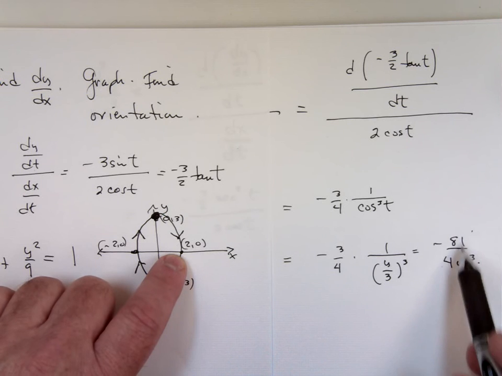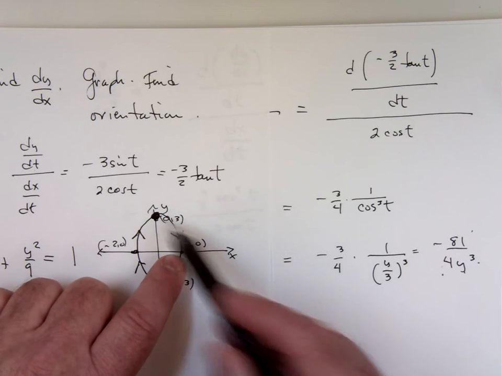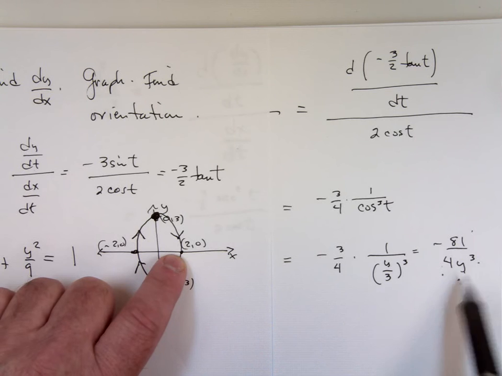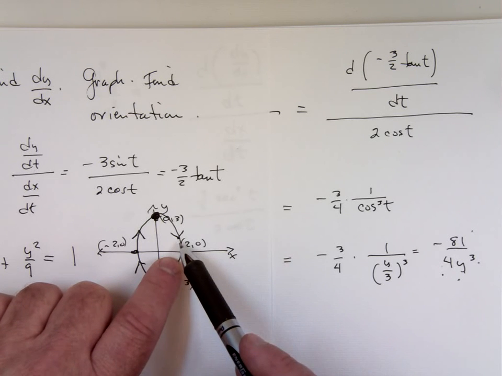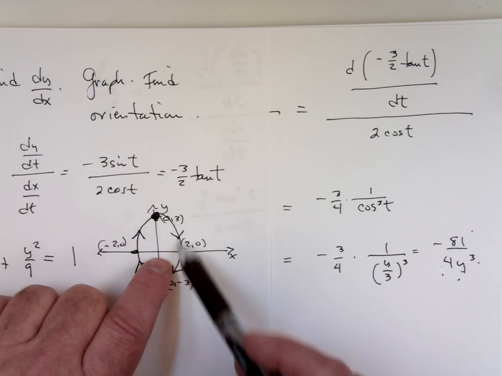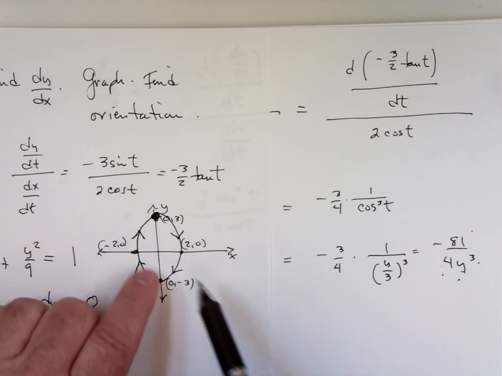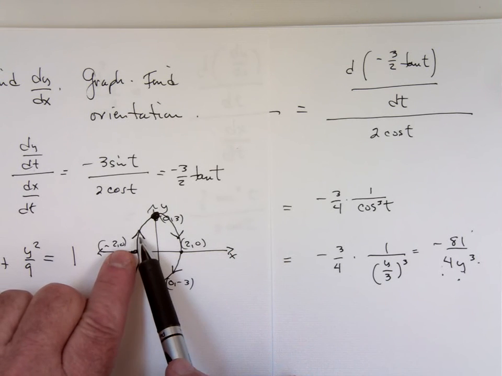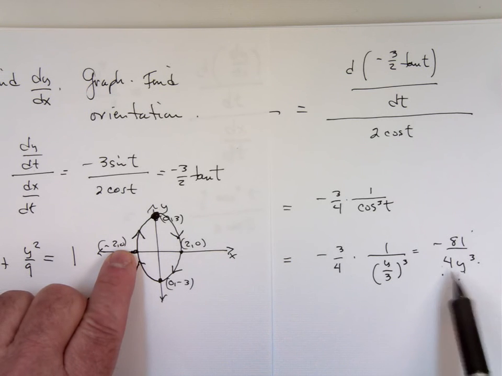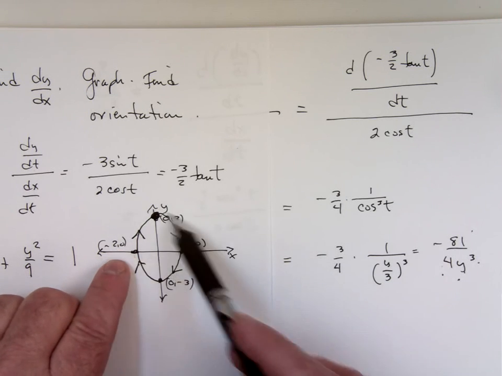This will be negative. That means in the first quadrant, the second derivative is negative, which means the curve is concave down, which it is. That's good. Let's take the second quadrant. Y's are positive again. Cube, positive, positive, negative, concave down again. Yes, these are concave down.